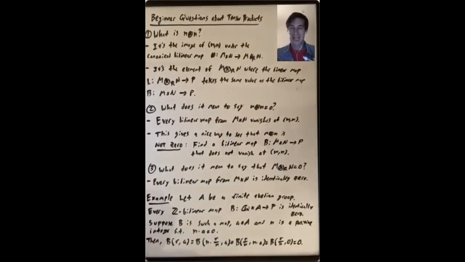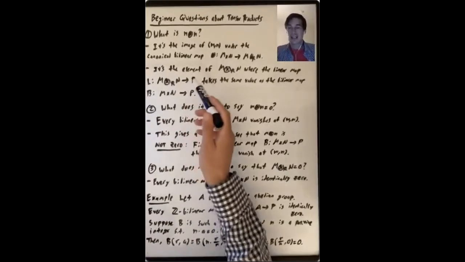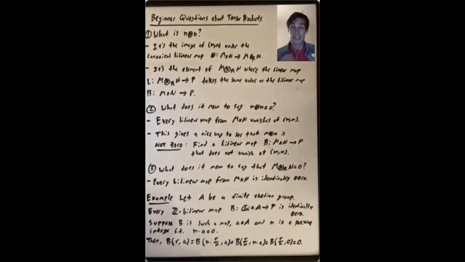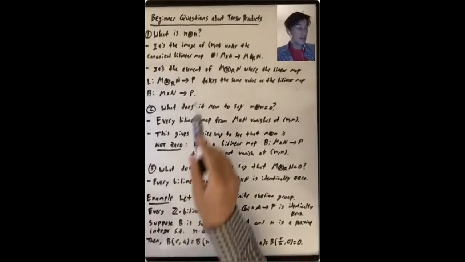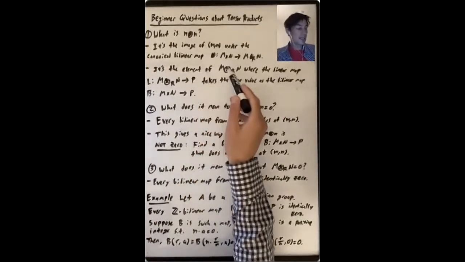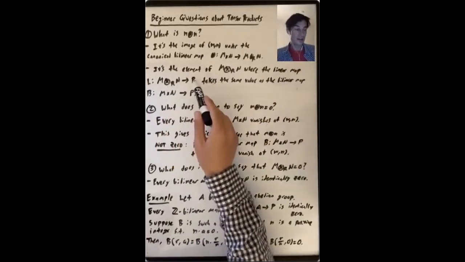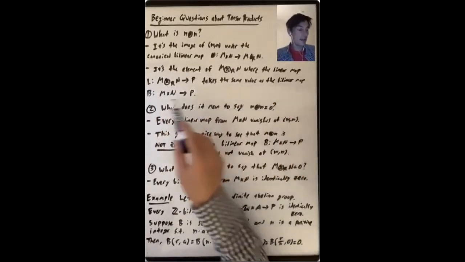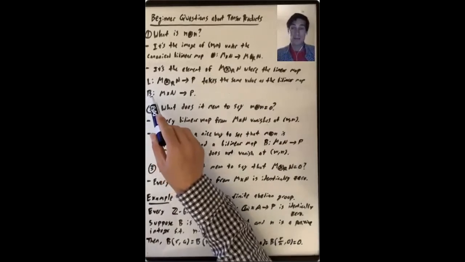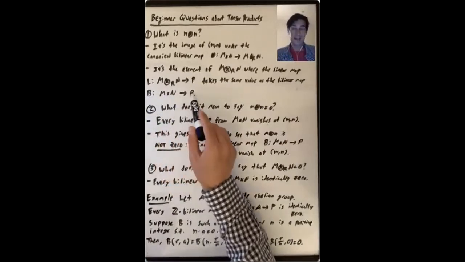Maybe that's not so satisfying though, because what do you do with that information? So another way to think about it that's not exactly a definition, but is a main property to take advantage of is it's the element of the tensor product where the linear map L from the tensor product to P takes the same value as the bilinear map B from M cross N to P.